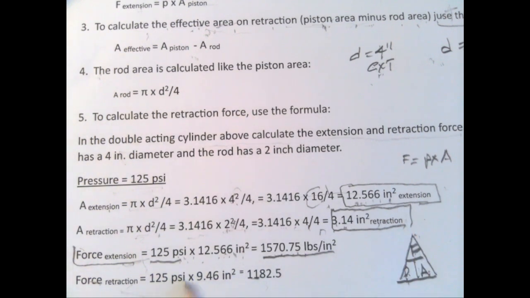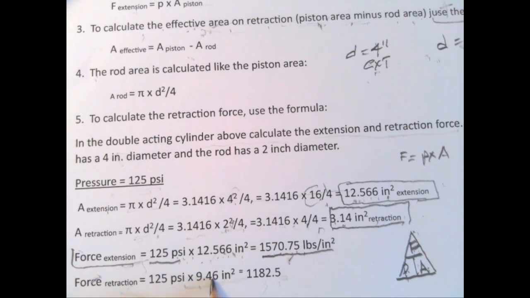So the force for retraction is the 2-inch. We got that 2-inch area up here, and there's the area right there. So here we got, wait, why have I got 9.46 square inches? Give me a minute.